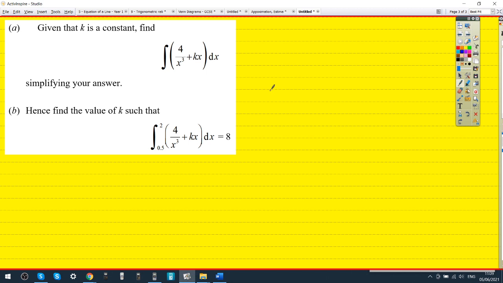Question 3. Should be x to the power of minus x, right? Well, that could be written as 4x to the minus 3. Oh yeah. It'd be 4 minus 2x to the power of minus 2.